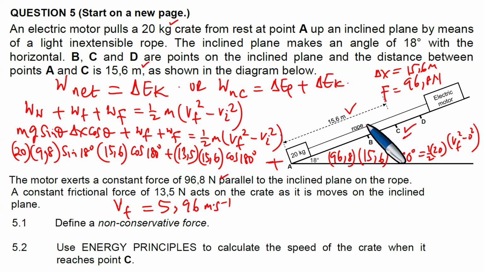As this is being dragged up, it's very important to have an idea of the forces acting on it, because then you have the weight, you have the normal force.